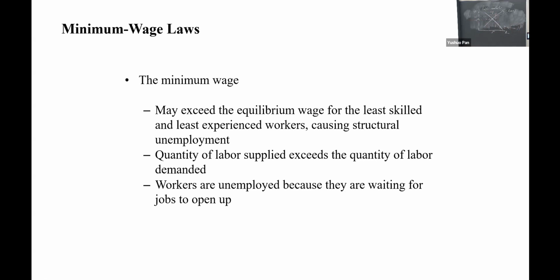That's the minimum wage. And by the way, I want to add one thing. For the minimum wage law, usually the minimum wage should be higher than the equilibrium. If the government sets the minimum wage at W2, which is smaller than the equilibrium wage, this W2 will not work. Because that's the minimum wage, but the firms could set their wage higher than that, right?